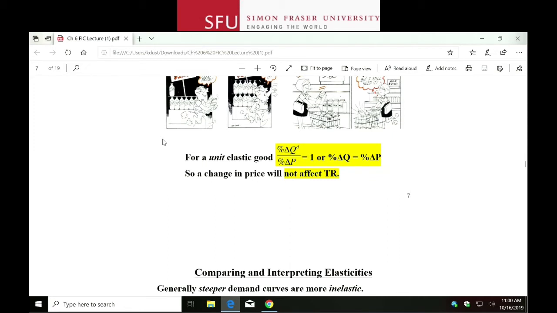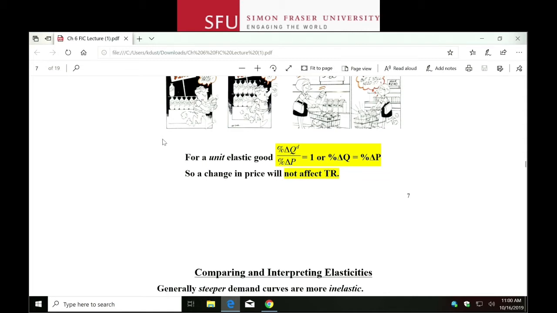Now, the slope is not the same calculation as elasticity, but the slope will give you some indication about how elastic or inelastic the demand will be when you do the elasticity calculation.